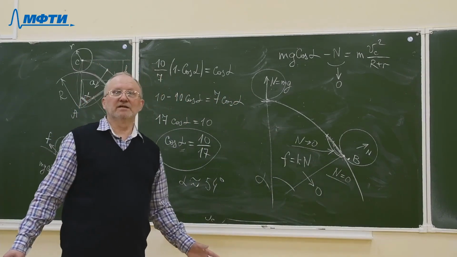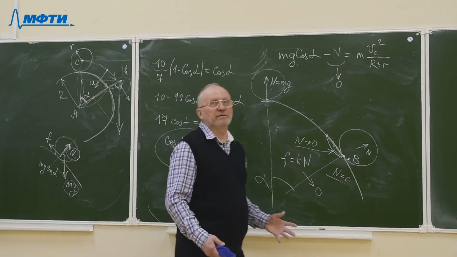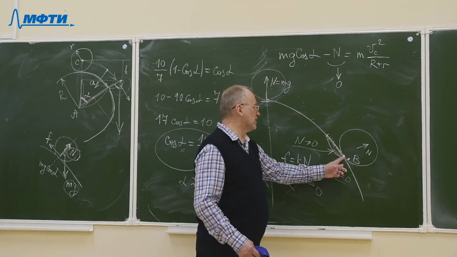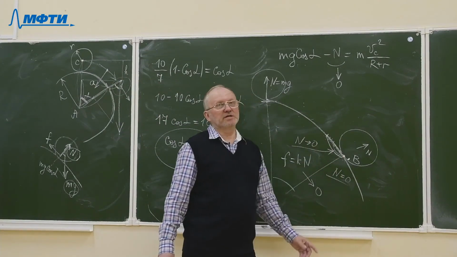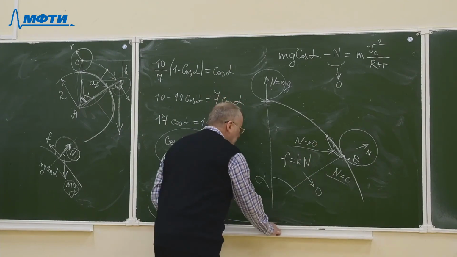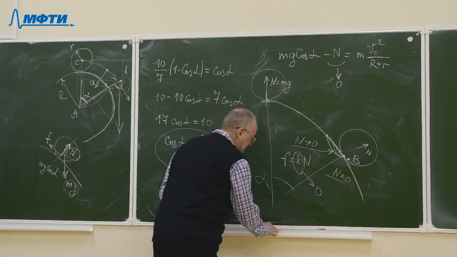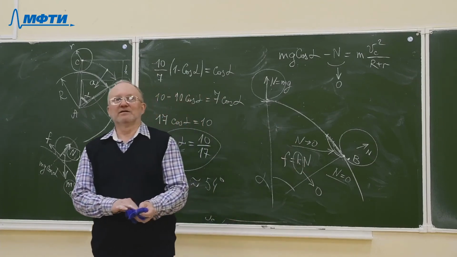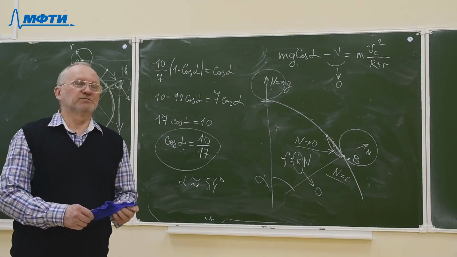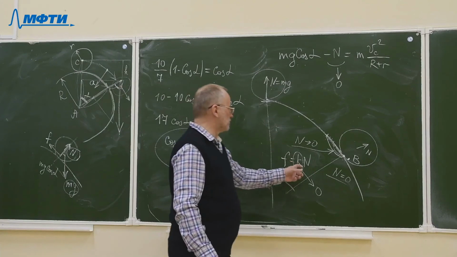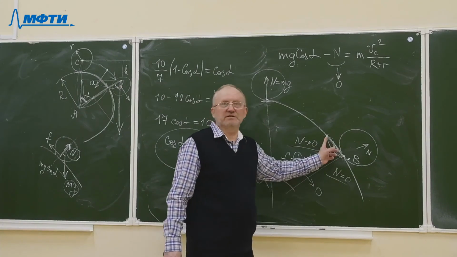Is that clear? The physics must be clear to you. And when the physics is clear, you may solve this problem correctly, but only if the coefficient of friction is given in the problem statement. If the problem gives you the coefficient of friction, then this effect must be taken into account.